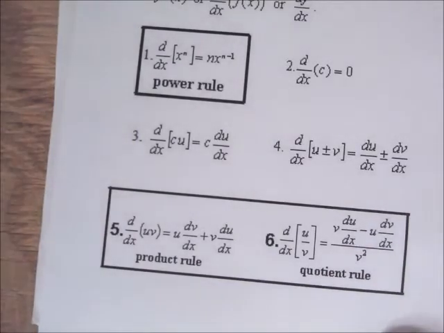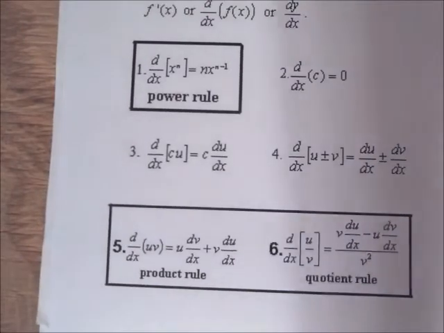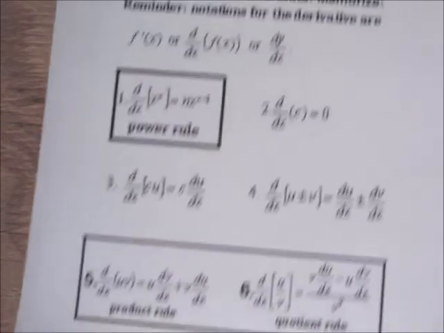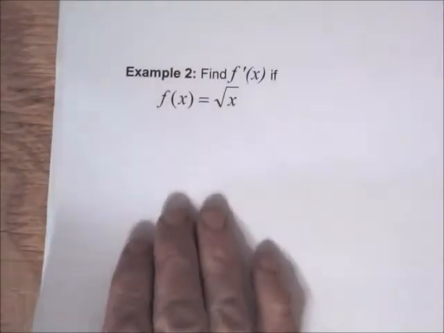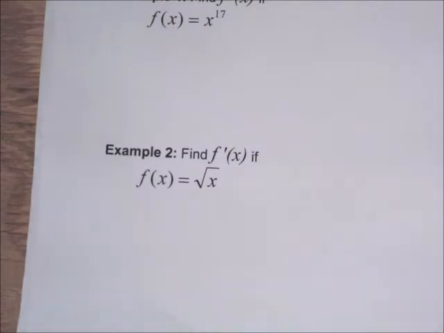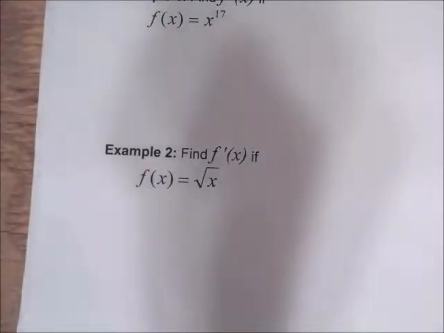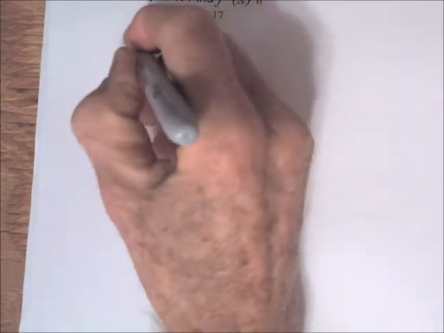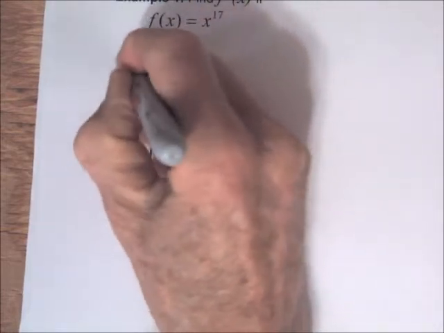So I'll prove some of these rules, but before that, I think I'll go over some examples of applying them, because I think that will help your intuition to understand these rules before we start doing the proofs.